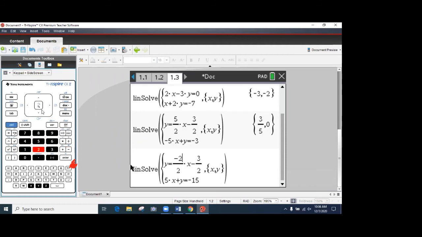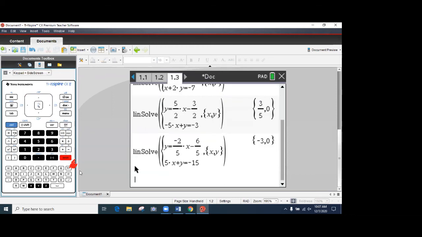So -2 over 5. And you may just want to retype the whole thing. I don't know. And then it's -6 over 5. 6 over 5. All right, so we hit enter.